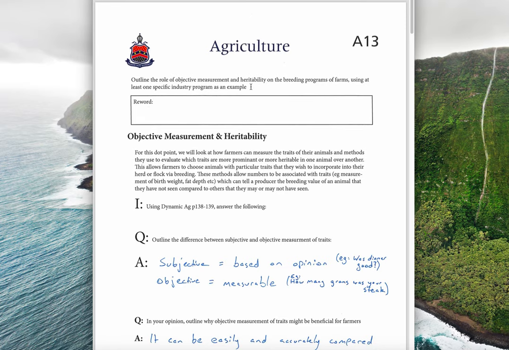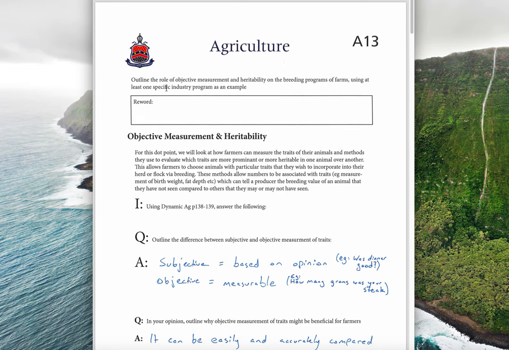If they were not highly heritable, or say lowly heritable, then you wouldn't really focus on breeding those animals or those traits because it would be very hard to get them to pass on. So we're looking at how we can objectively measure traits on a scale that we can compare animals against, and also passing on traits that are easy to pass on, and easy to get the offspring showing those traits.